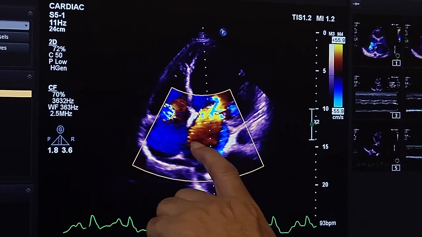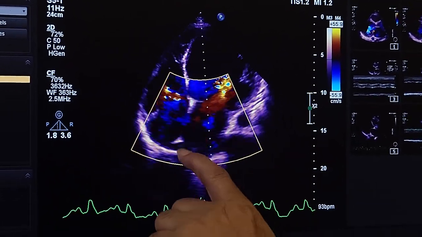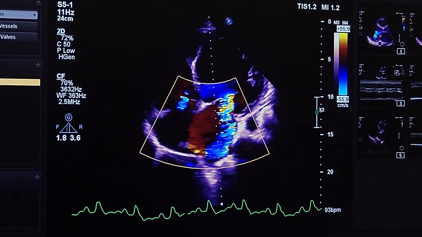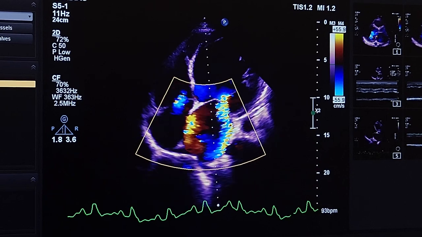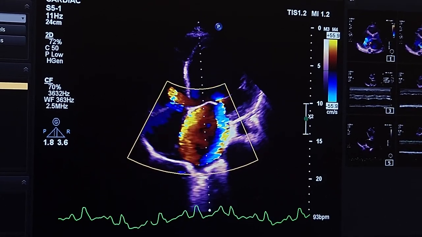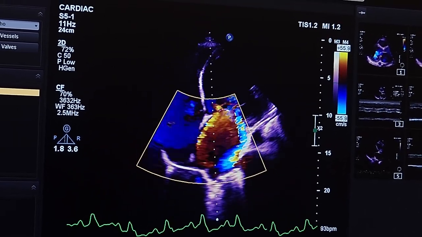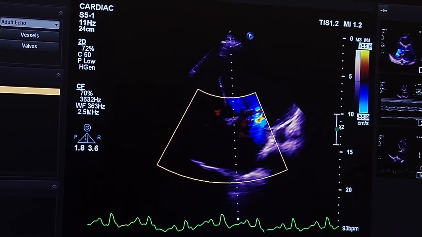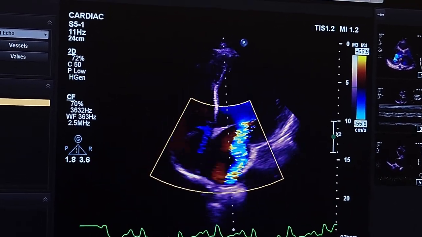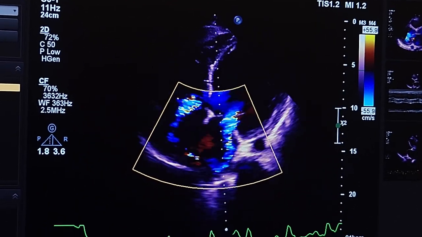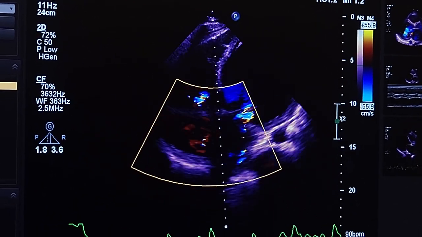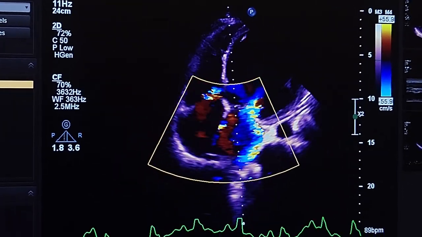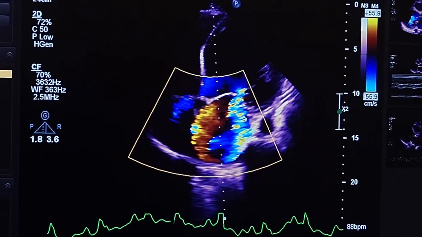Here the interatrial septum just shows echo dropout, but not due to ASD. There is no color passing, and sometimes it is misguided as echo dropout. If it's not echo dropout, we can easily tell by rotating or moving our probe, and the dropout disappears.